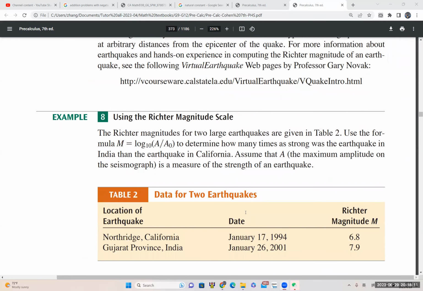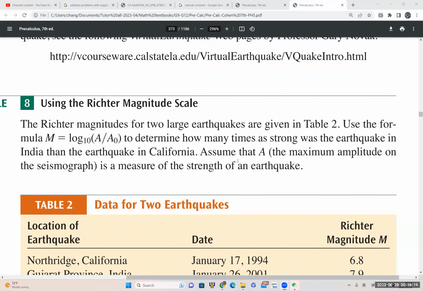Here they talk about the definition of the earthquake magnitude scale, called Richter. A supposedly means the energy level.